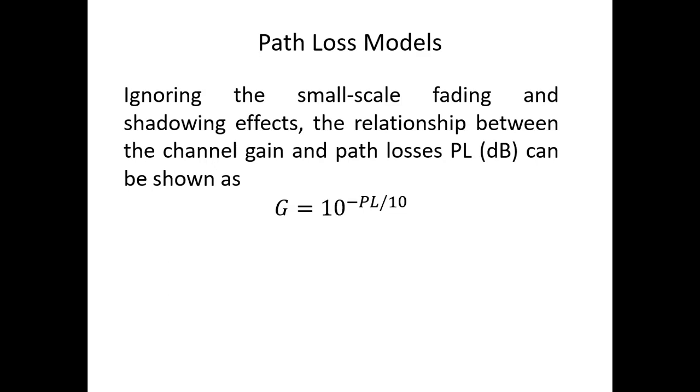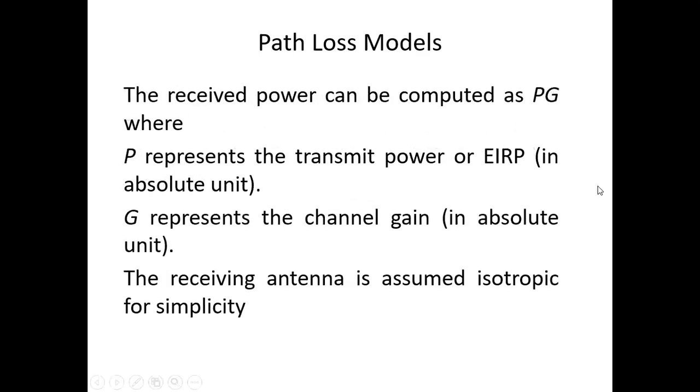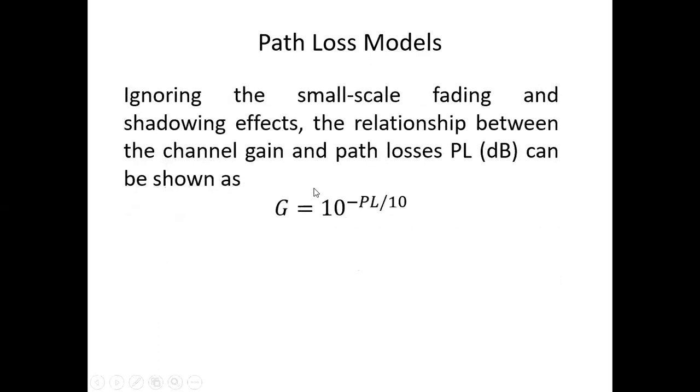It represents the channel gain, the multipath channel gain, the path loss. So you multiply that with P. P is PTGT, also in ordinary unit. So you multiply with G, and you have the total receive power in ordinary unit, in watt or milliwatt.